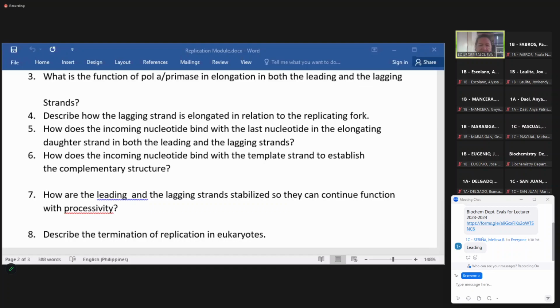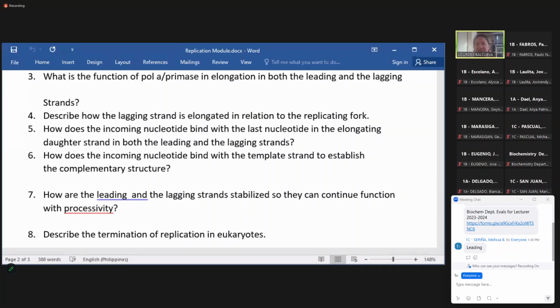Next question. Ano na ba tayo? How are the leading and lagging strands stabilized so they can continue to function with processivity?